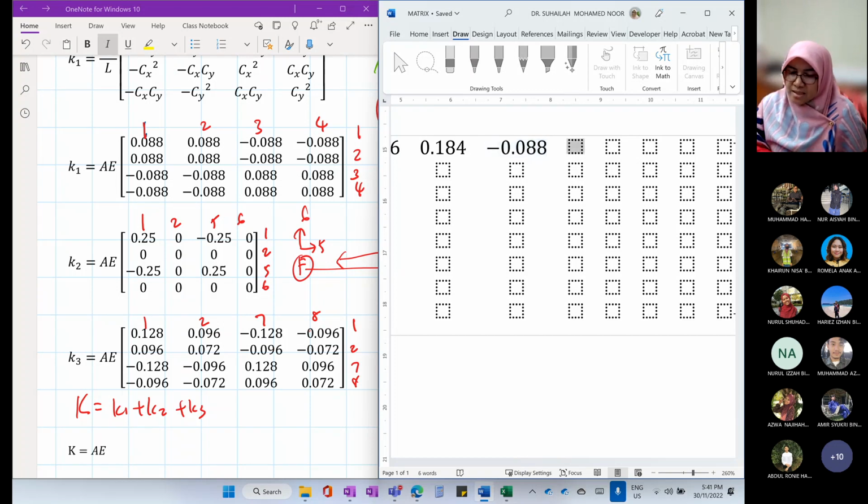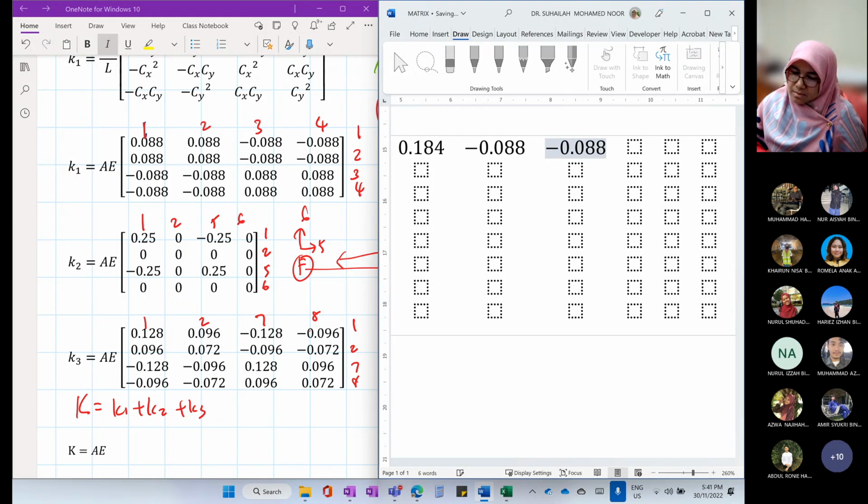Okay, so next is 1,4. What is the value? We get 1,4 from K1 also, and it is negative 0.088. Okay, 1,5. What is the value? Negative 0.25.